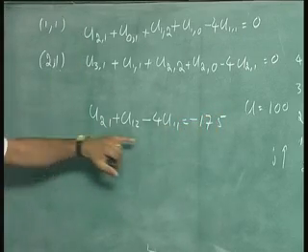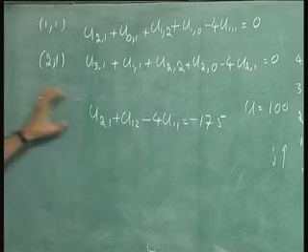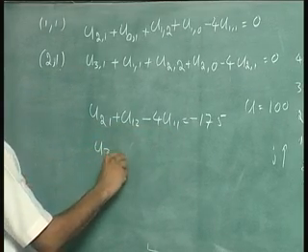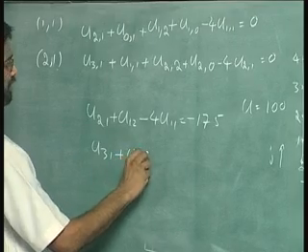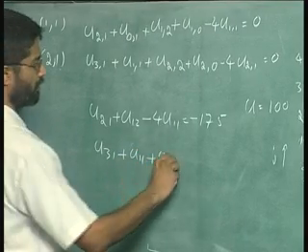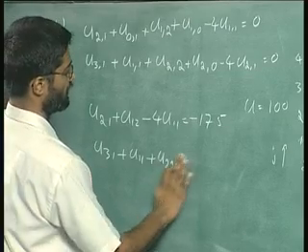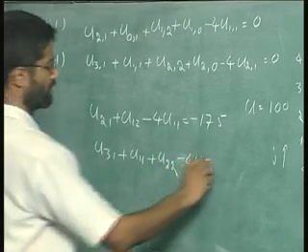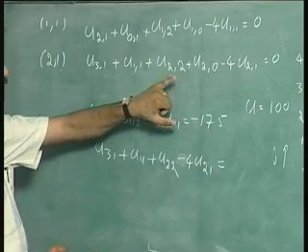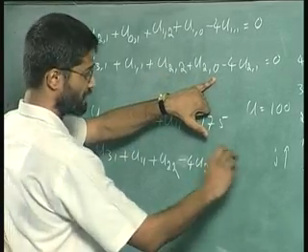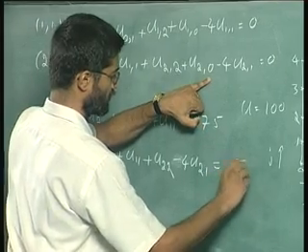All other terms are 0 in this. Similarly here you will have u31 + u11 + u22 - 4u21 = -u20, and u20 is again 75, so it is minus 75.